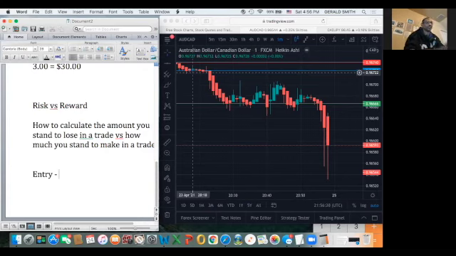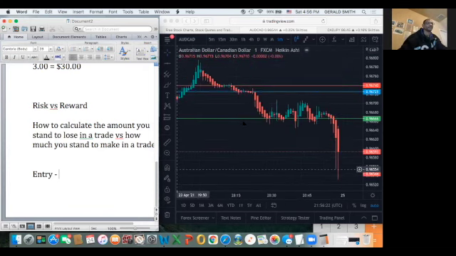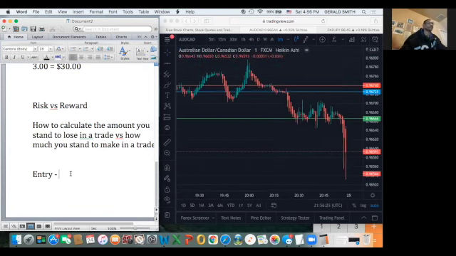Entry point, which would be the blue number, 0.96725. Put the 0 in there, that's fine.